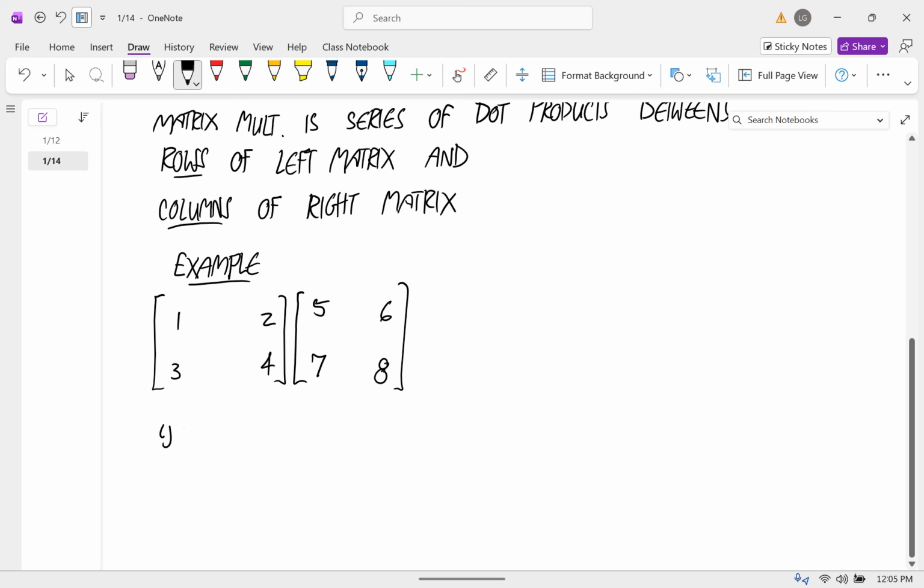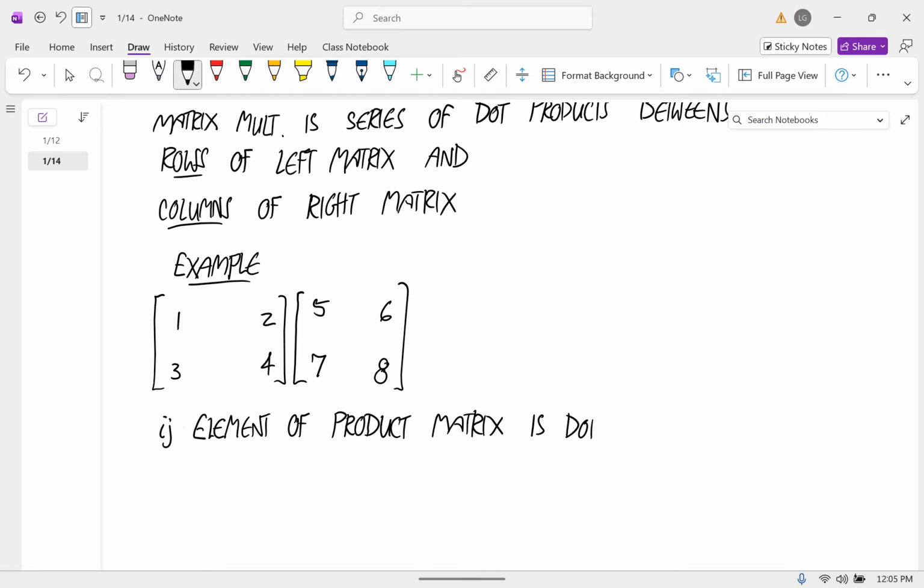The ij element of the product matrix is the dot product of the ith row of the left matrix and the jth column of the right matrix.